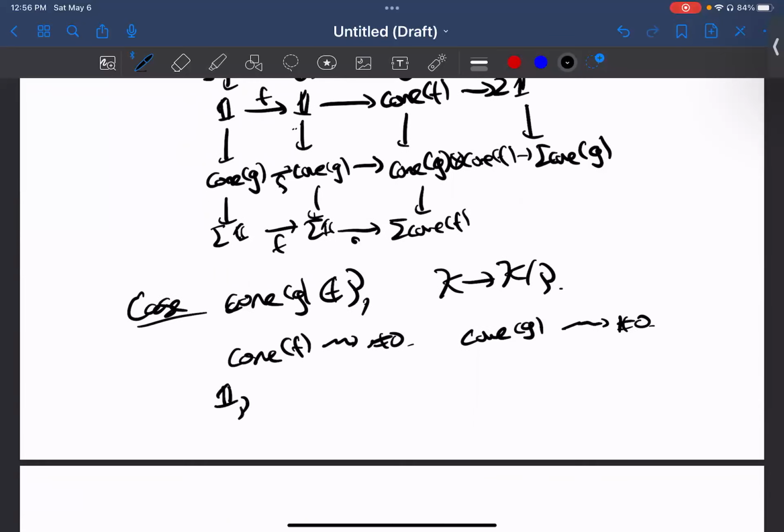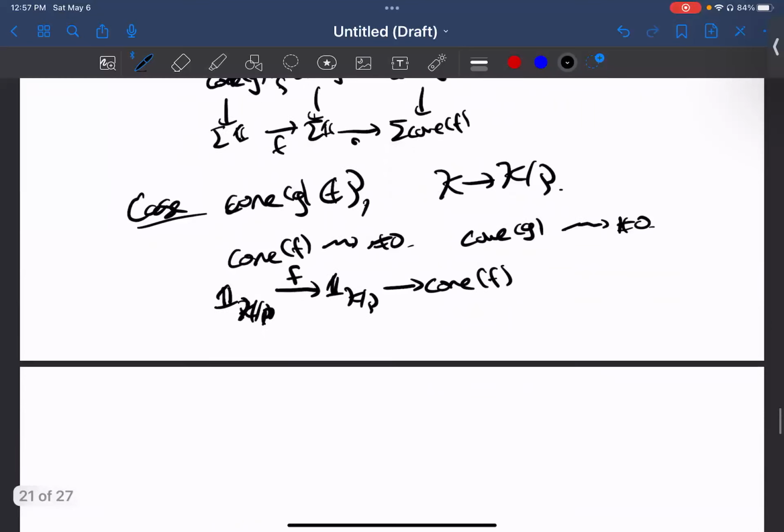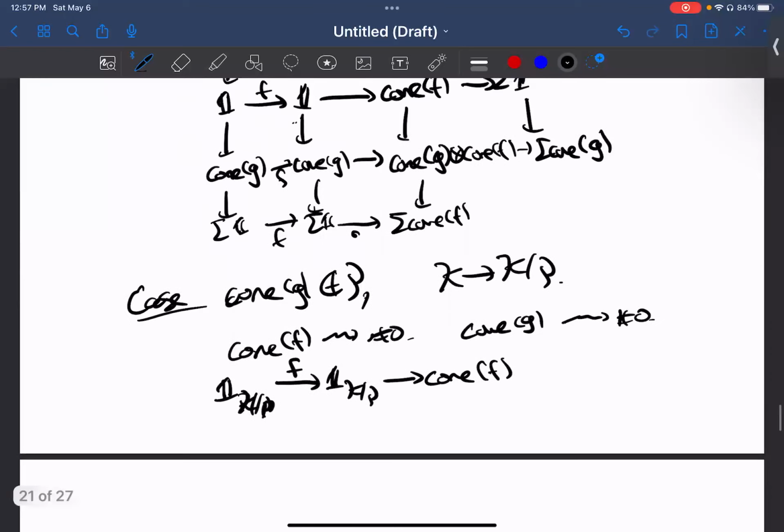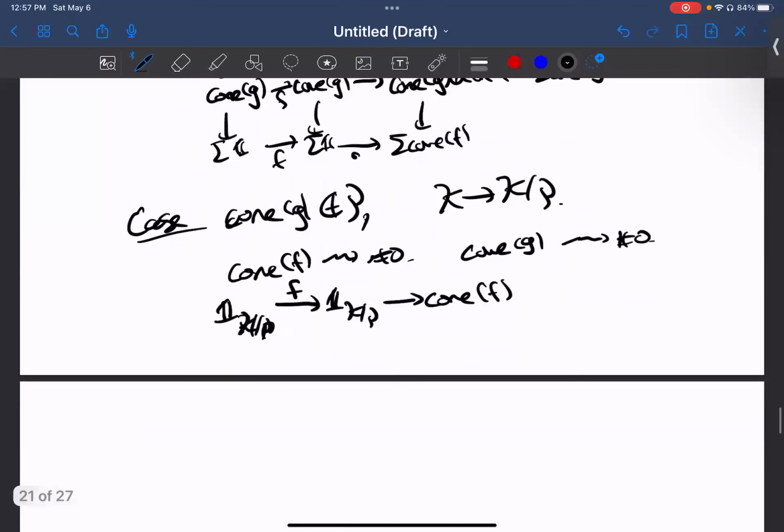And then we're going to have the unit in here in K mod P. You can map over by F the unit here in K mod P. Here's cone of F. Similarly, we can do the same thing with cone of G. So we're supposing the cone of G is non-zero in this localization.